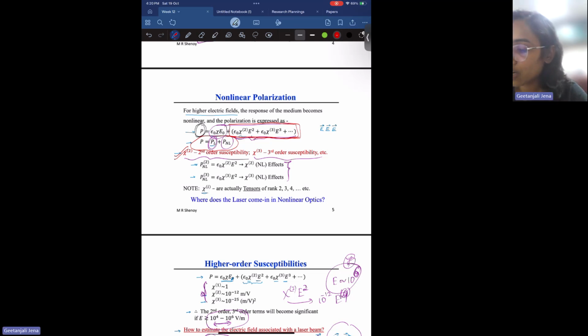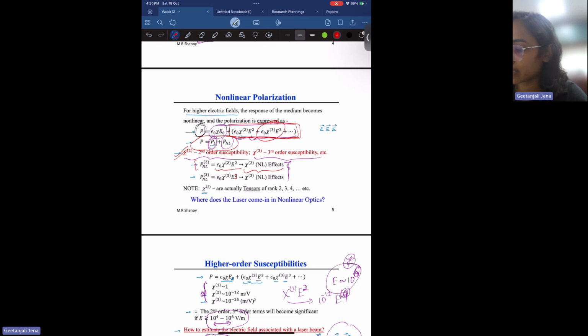Let's say you want to write PNL2, the nonlinear term for second order susceptibility. It will be epsilon 0 chi2 E square. So this is the chi2 nonlinear effect. For chi3, PNL3 equals epsilon 0 chi3 into E cube, not E square.